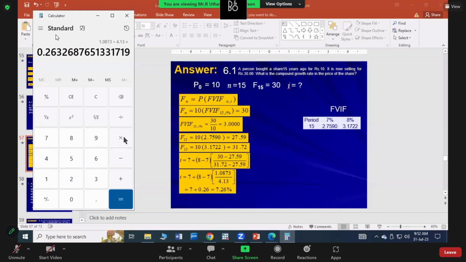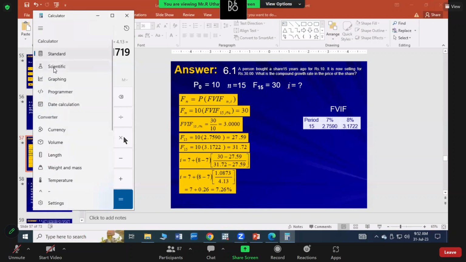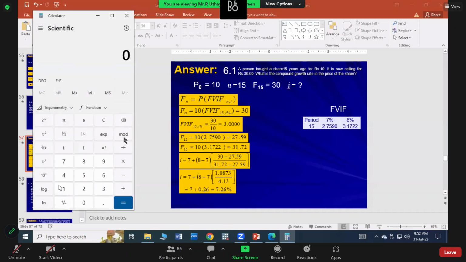So you can apply the scientific calculator. 1.0726 to the power 15. Then you can get the value 3.5.